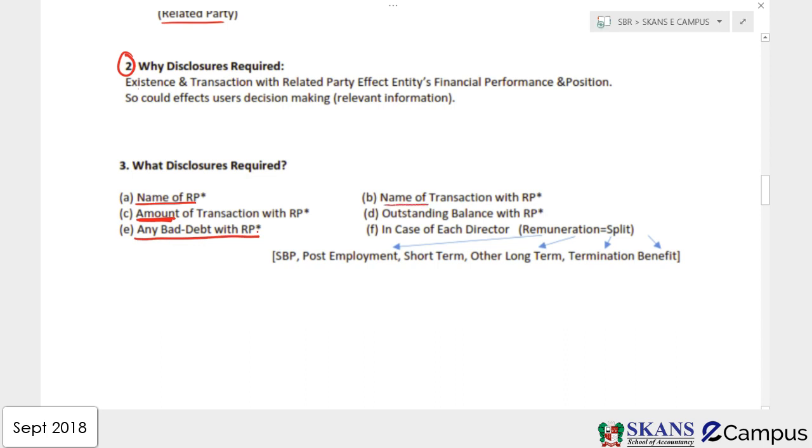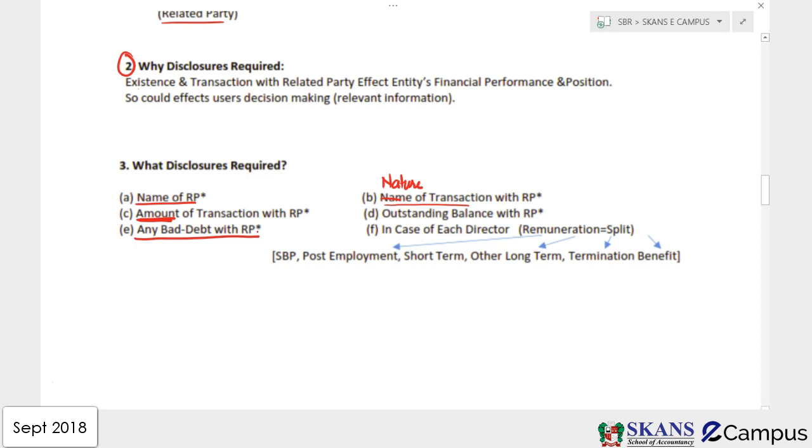Then the nature of transactions, guys: you are selling, buying, selling assets, buying assets, giving them some services, you have provided them a loan, or you have taken a loan. You need to tell them the nature of transactions. Outstanding balances, guys: if there is any outstanding balance, you need to tell them how much you need to collect, or need to pay them.